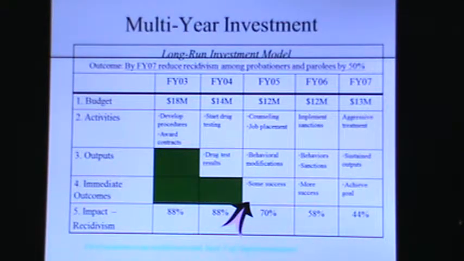Now we've got tough love, sanctions. So now that we've added sanctions, we expect to see even more success, and we are hoping that our recidivism rate drops to 58%. That's a 30% drop in 4 years. And then we get to the last year with aggressive treatment, sustained outputs, achieving goal. Goal is 44%. That's cutting recidivism in half over 5 years.